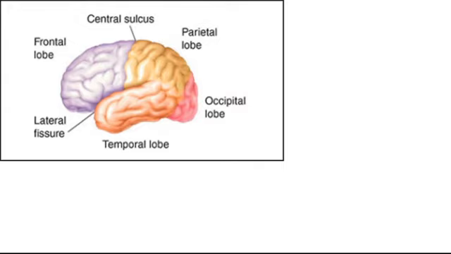And that central sulcus then separates the frontal lobe in front of it from the parietal lobe, which is just behind it. We can also talk about the frontal lobe being superior to or above the lateral fissure, which sort of runs this way on the brain.